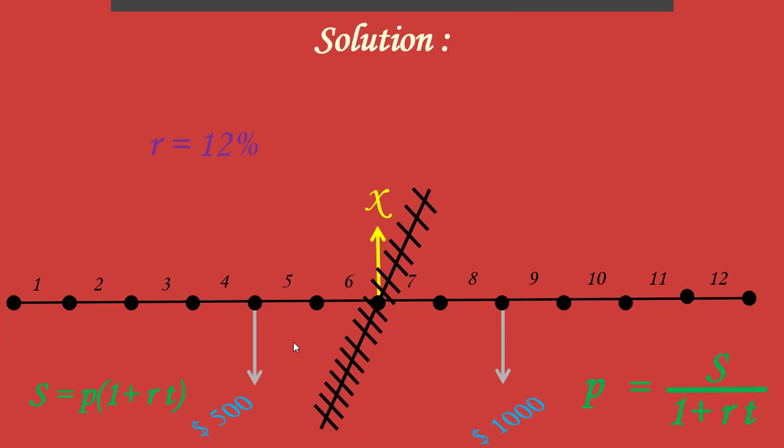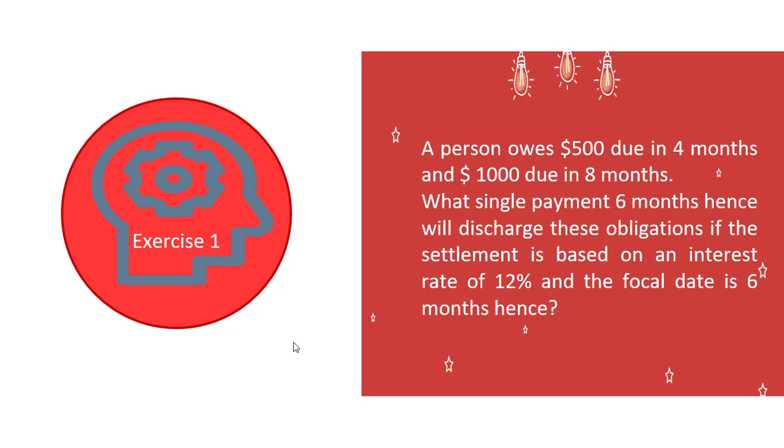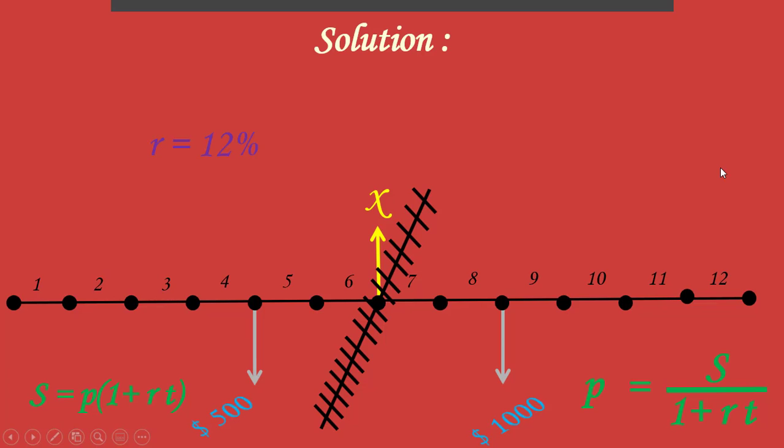We will not use the time which is in the example 4 months. We will substitute for T with 2 months. We calculate T by the distance from the maturity dates to focal date.